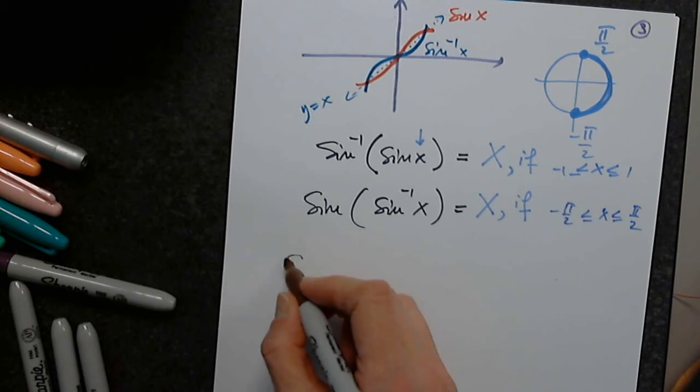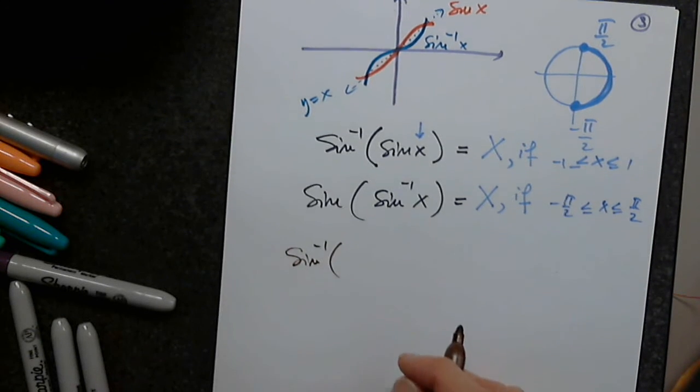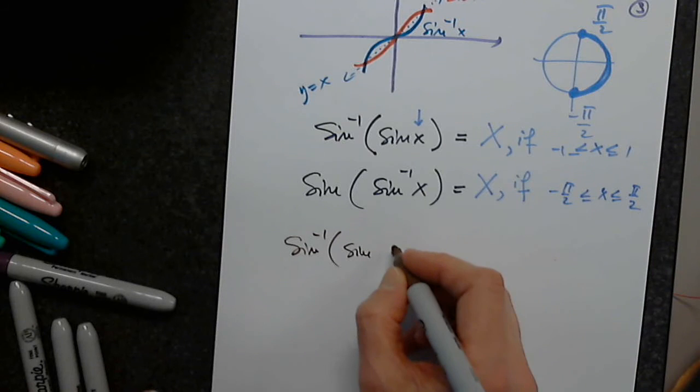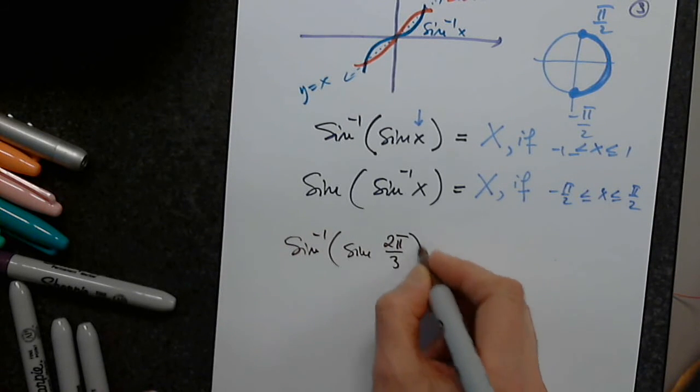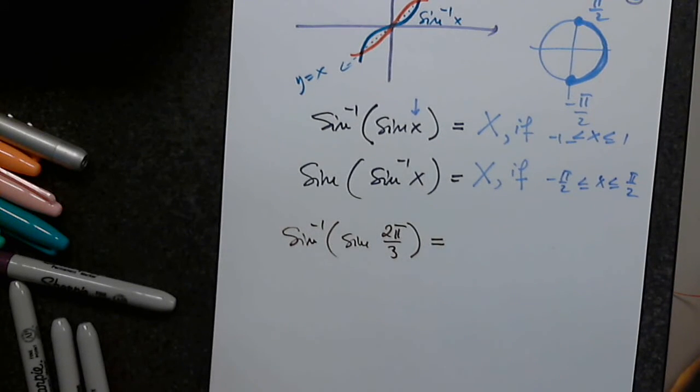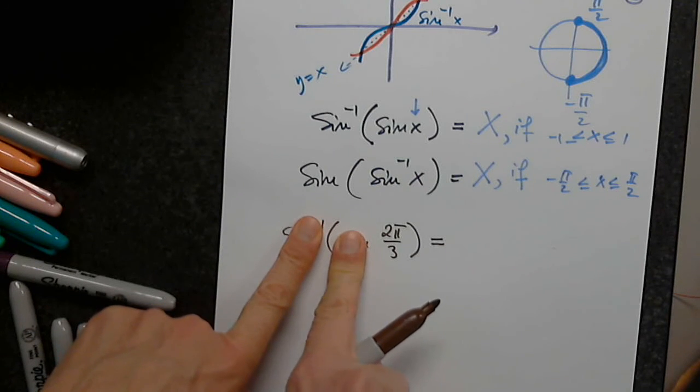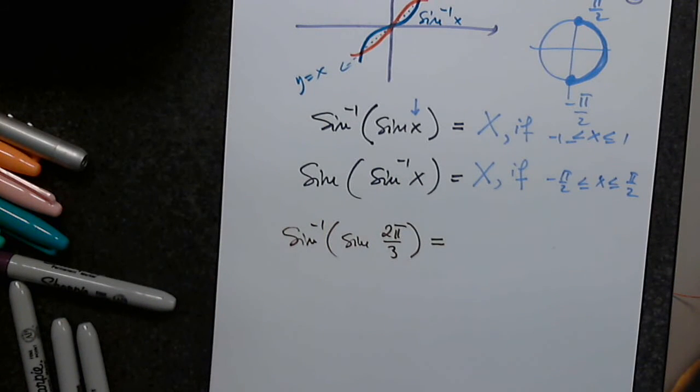Several examples. So let's say sine inverse of sine 2π/3. What will you be tempted to write? These two are canceling each other, and you will be tempted to write 2 pi over 3.